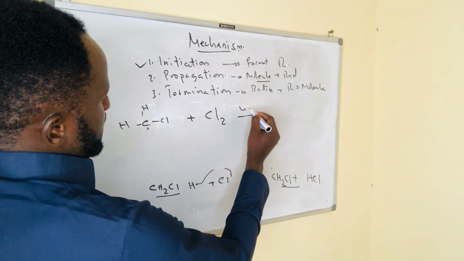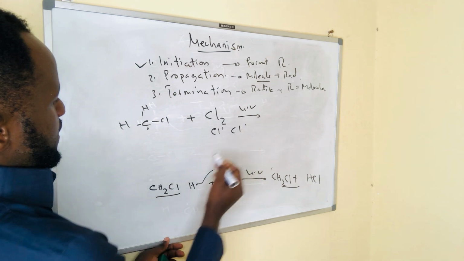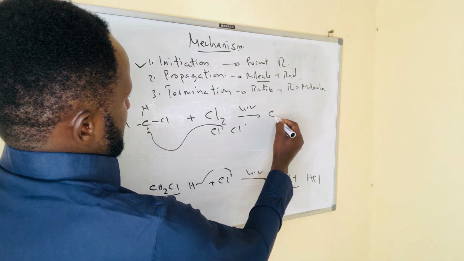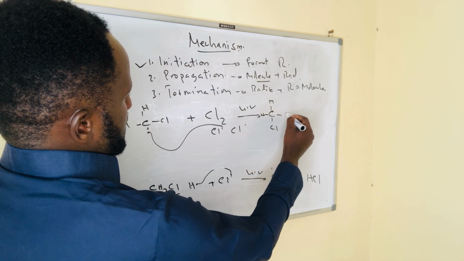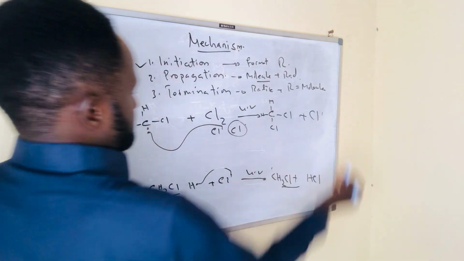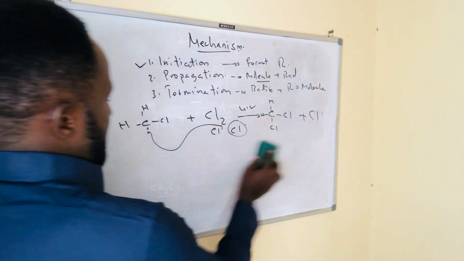And then you put in UV. We get here a radical, so this chlorine joins here. You'll have carbon, hydrogen, chlorine plus a chlorine radical.